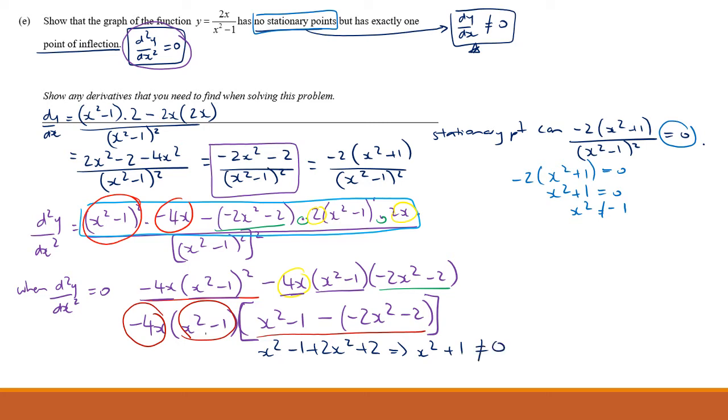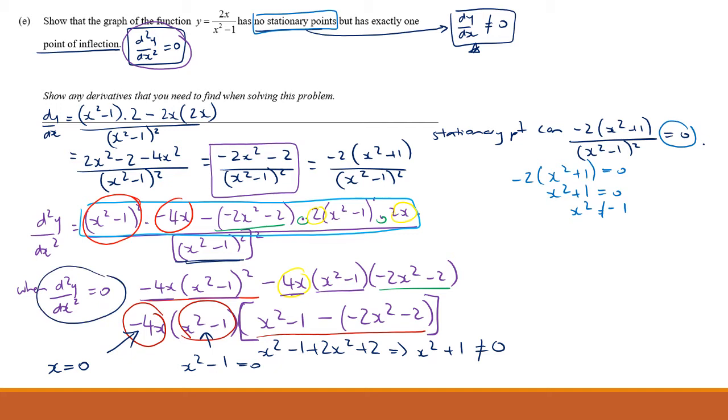Okay, so in here, we can have x squared minus 1 equal 0, but it can't because it's a denominator up here, so that's not our answer. So we've only got the one opportunity where x can be 0 that will give us a point of inflection where our second derivative is 0.